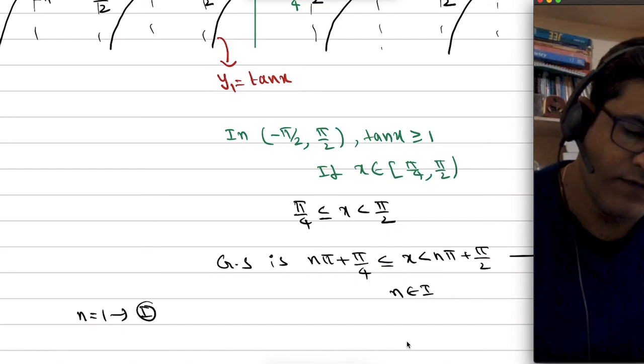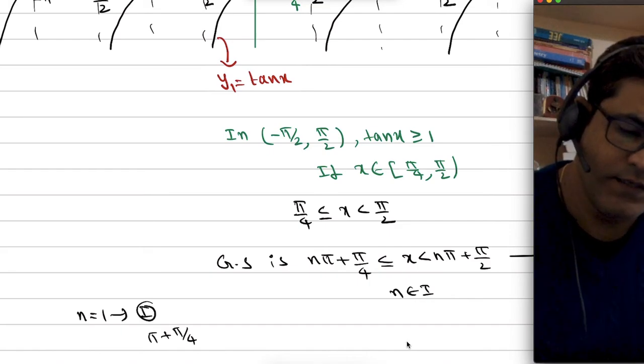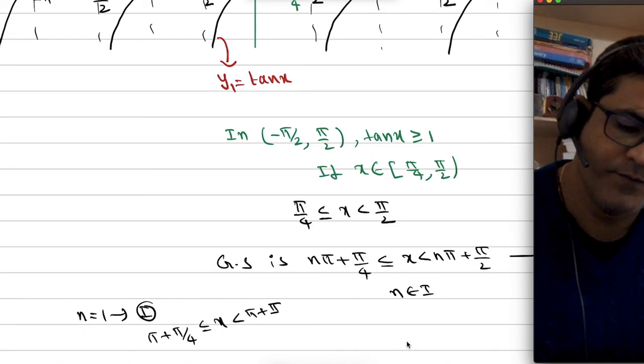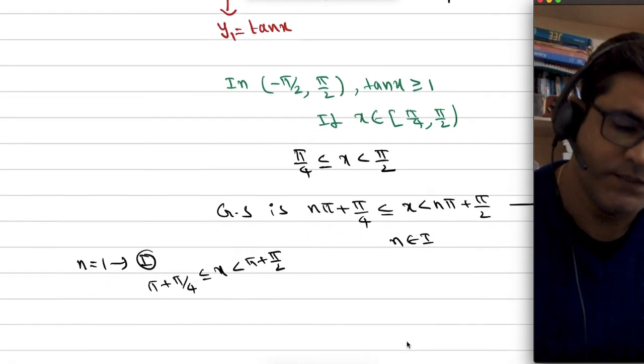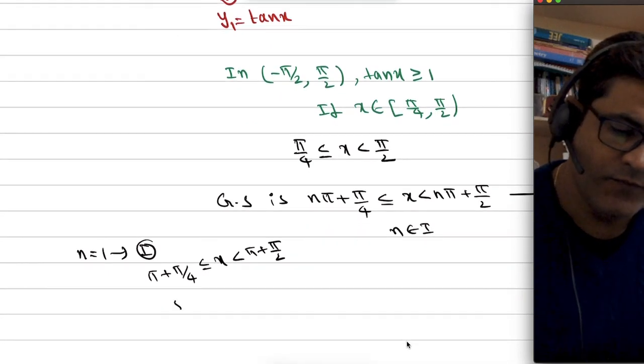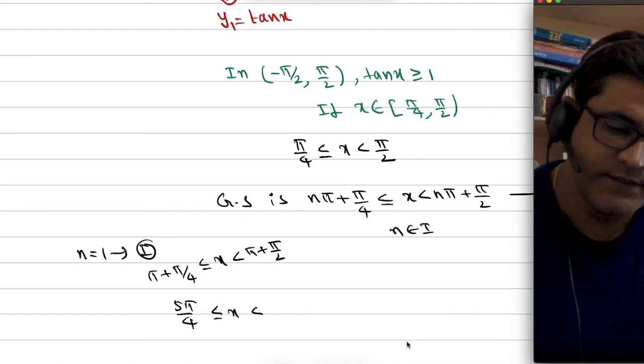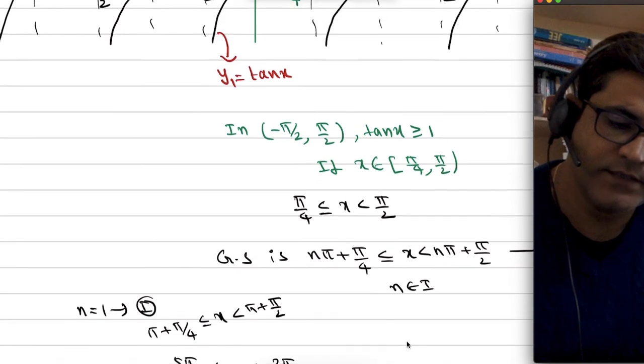With n equal to 1, what do you get? Pi plus pi by 4 less than or equal to x less than pi plus pi by 2. That is 5 pi by 4 less than or equal to x less than 3 pi by 2. In this interval also, tan x is greater than or equal to 1.